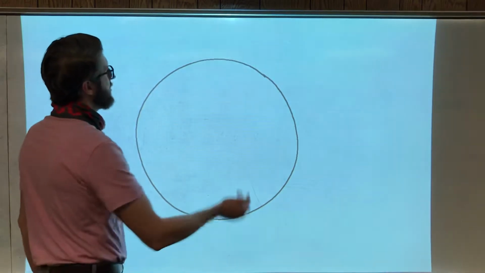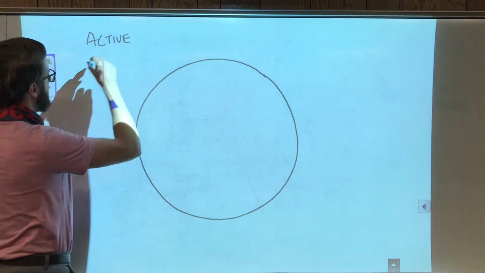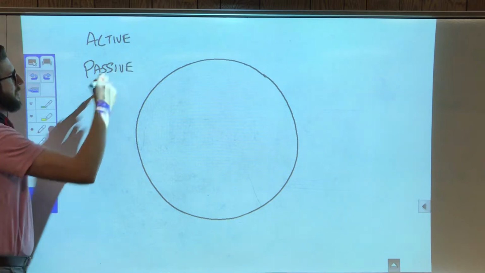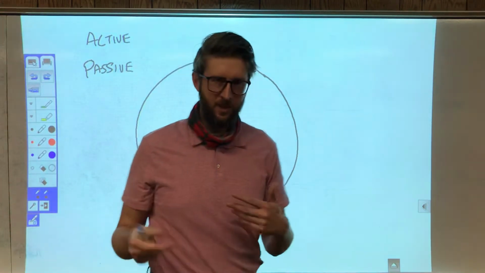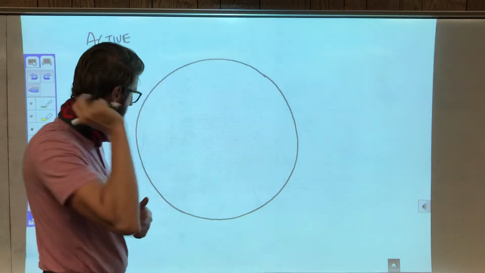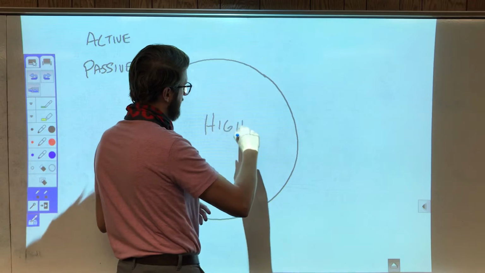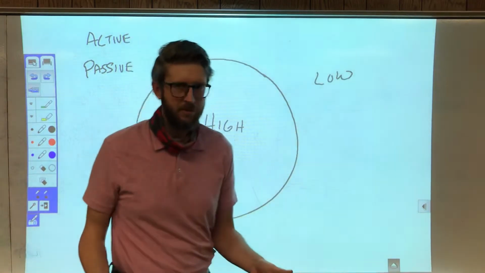Okay, so active and passive are the two types, but there's different ways that we can move things in and out. Let's first talk about active. So we know that active, let's say that we have a high amount inside and a low amount outside of stuff, whatever the stuff is, okay?